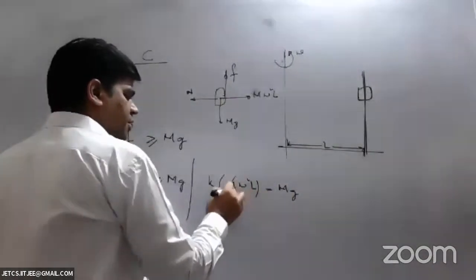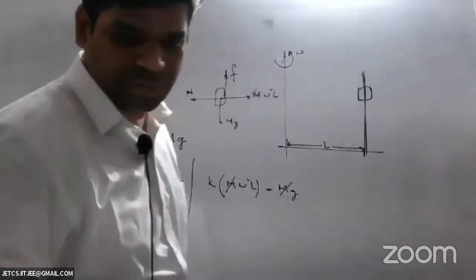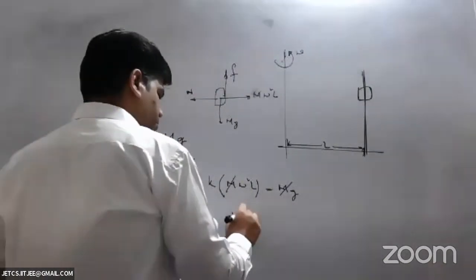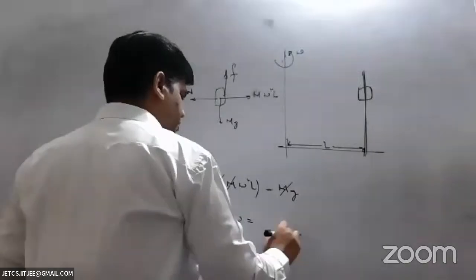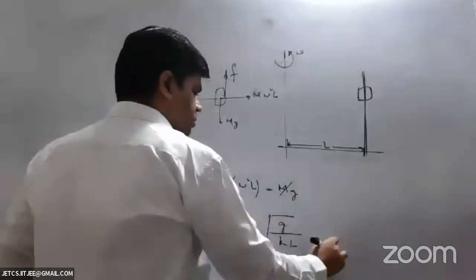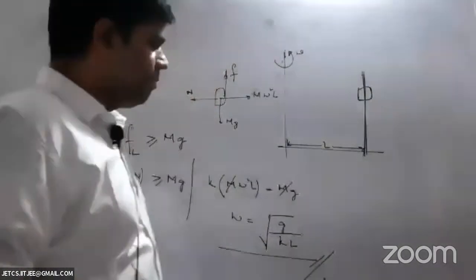The limiting value is this one. m gets cancelled out. So omega is equal to root of g by mu L. So is the option there? Yeah, option A.